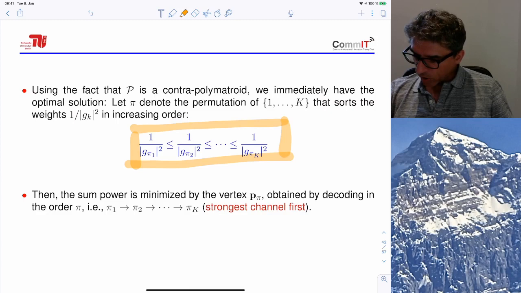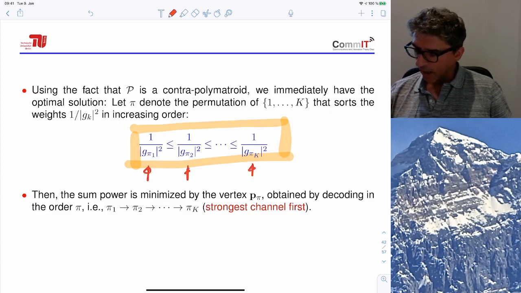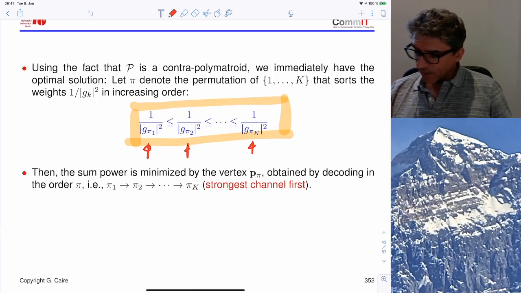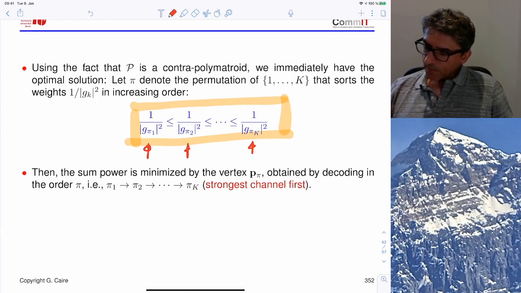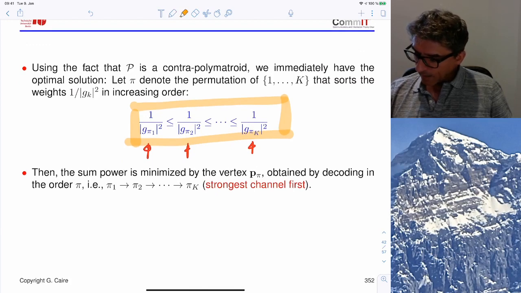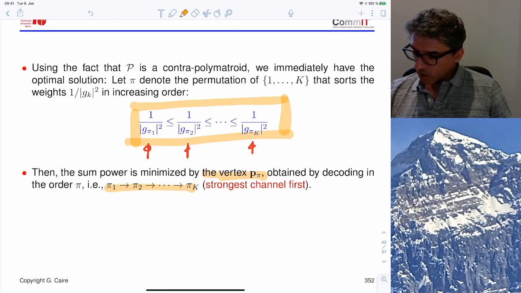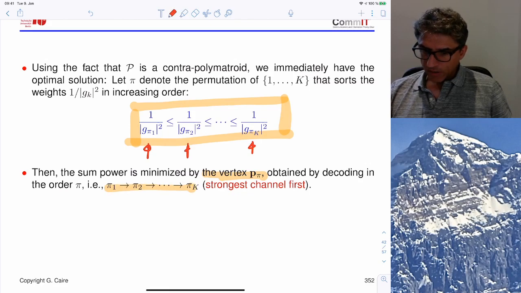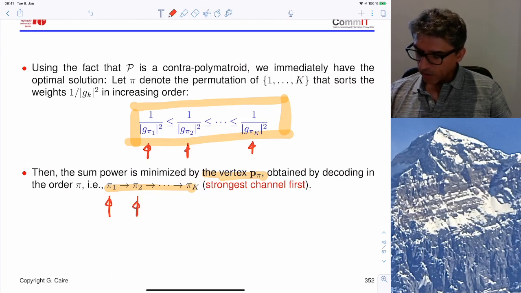So the strongest user is first, the second strongest user next, and the weakest user is the last. And then it turns out that the sum power is minimized by the vertex p sub pi obtained by decoding again in the same order. So the decoding order that minimizes the sum power decodes the strongest user first, the second strongest user second, and so on and so forth.